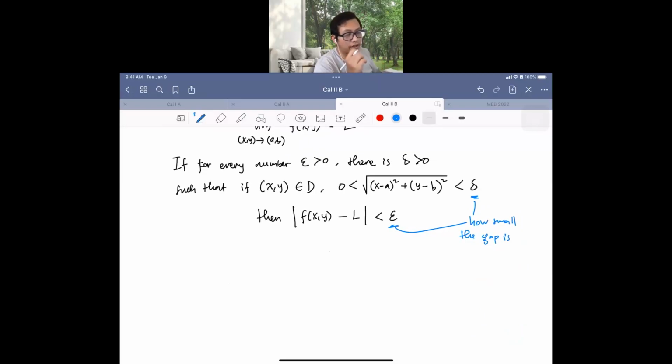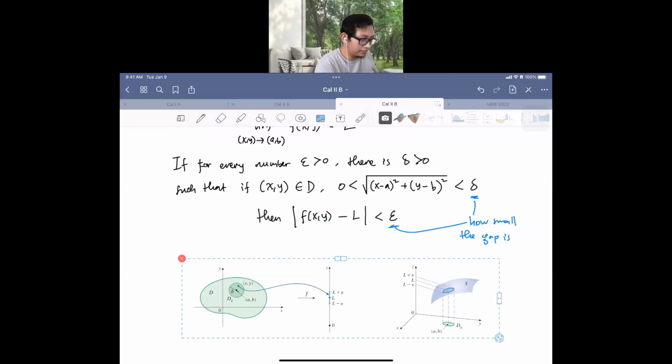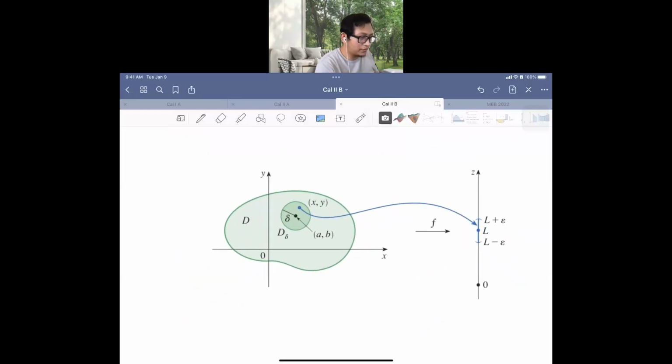So if we have f of x, y, instead of having a line or a length, we are having an area. So if we draw, let me input the drawing. If we look at the area from the top side, we see the domain.